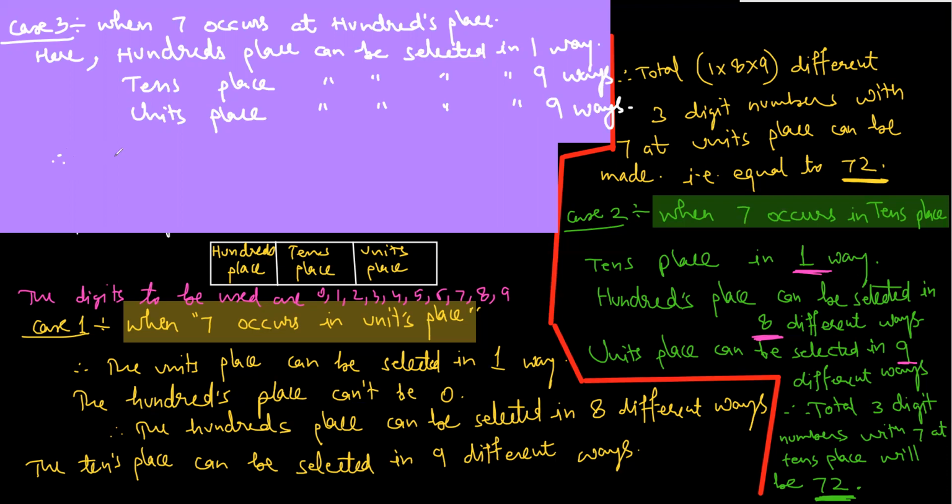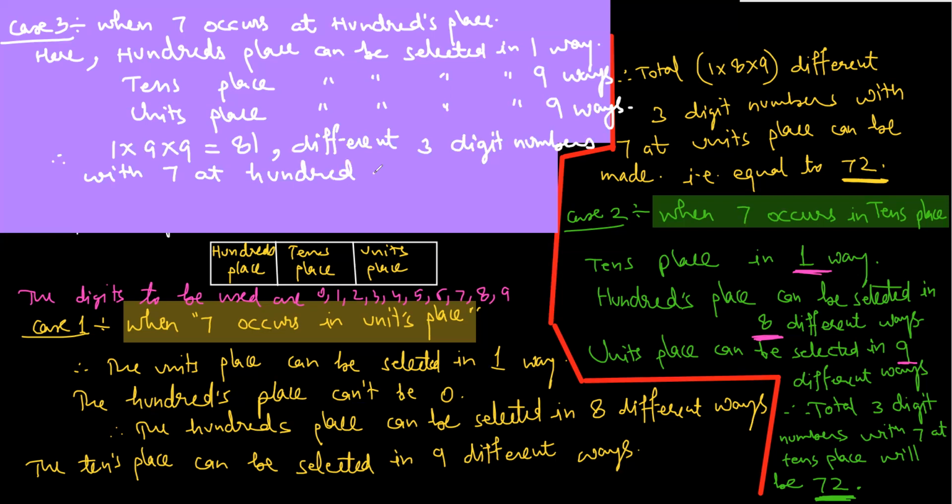So therefore 1 into 9 into 9, that is 81 different three-digit numbers with 7 at hundreds place can be formed.